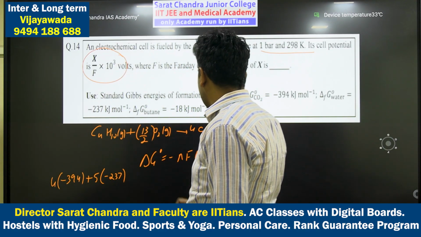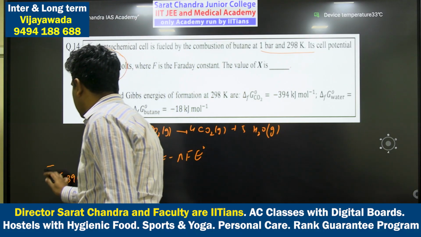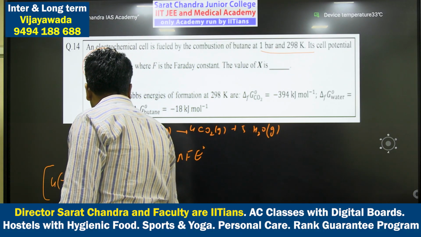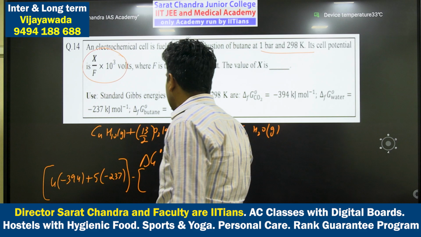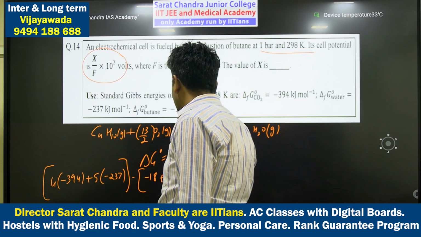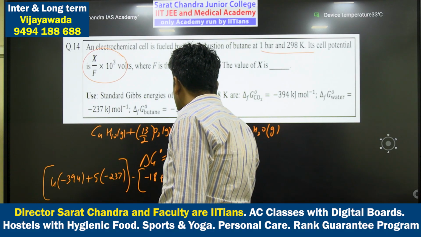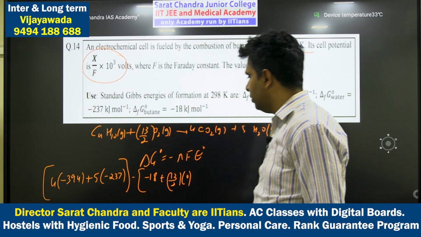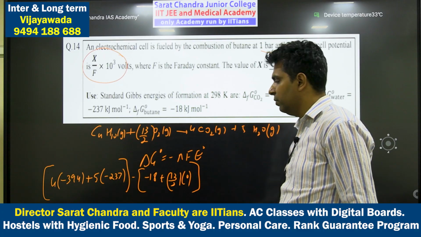And so this is products minus reactants. So that is butane, that is minus 18, and 13 by 2 times delta G naught of oxygen. At standard condition, elemental state oxygen delta G naught will be taken as 0.